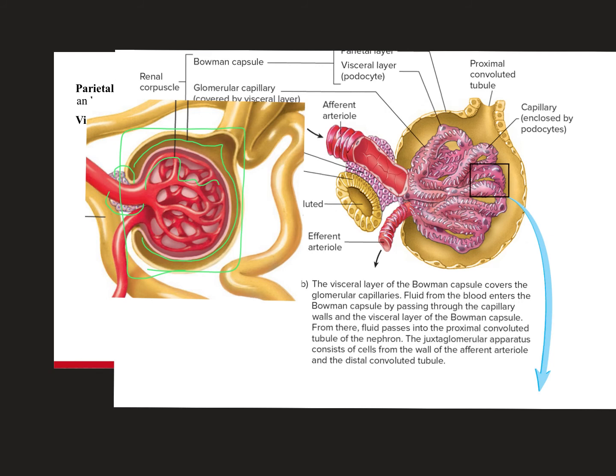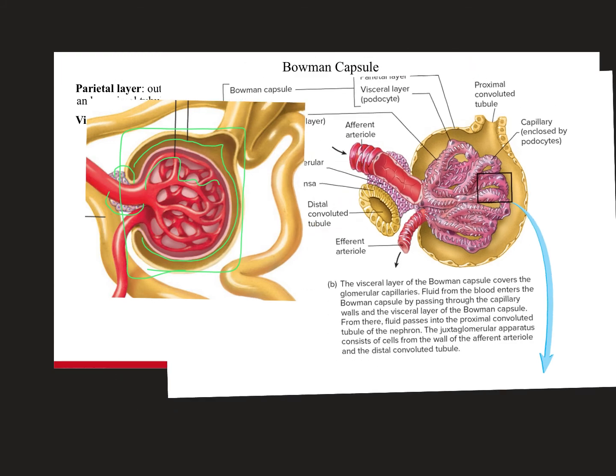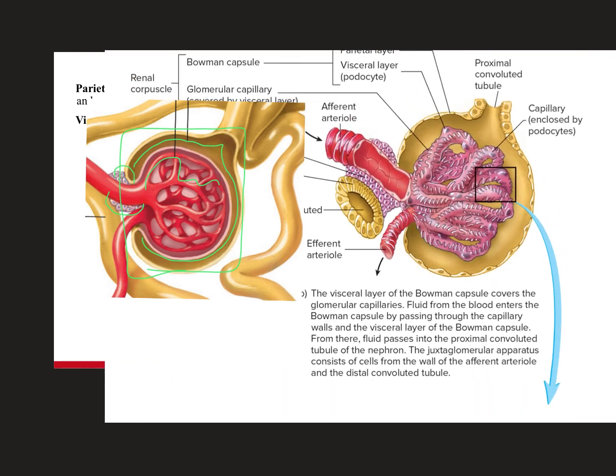But I want you to get this visual in your head, right? I want you to pay attention to this visual. We have our Bowman's capsule, and within our Bowman's capsule, we have this space. And we also have these odd looking little capillaries.